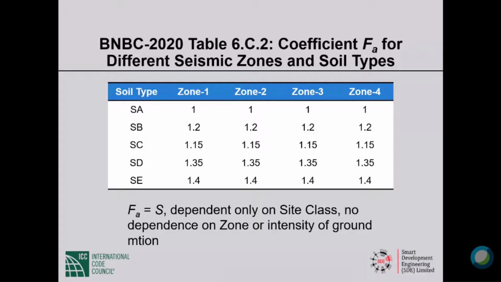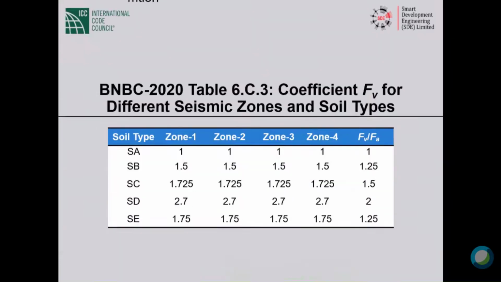There is no dependence on zone or intensity of ground motion. The things I have written underneath are very, very important. Okay, so F sub A of Appendix C is the same as S in the main body, and F sub A and S both are dependent on the site class, not on the zone or the ground motion.